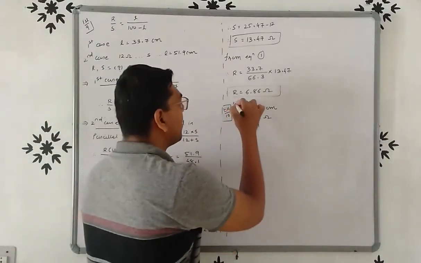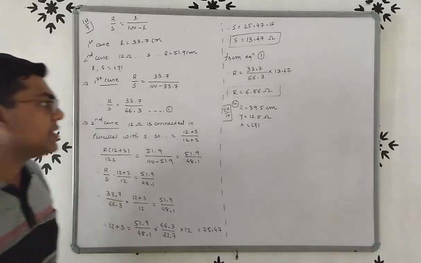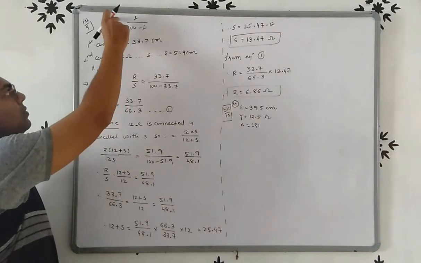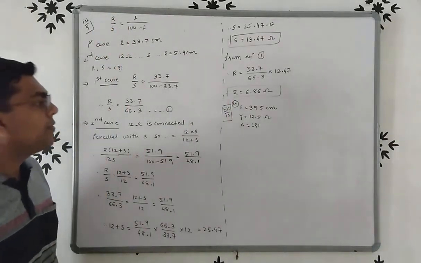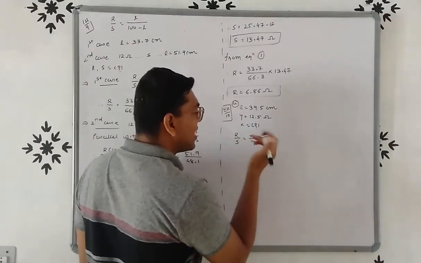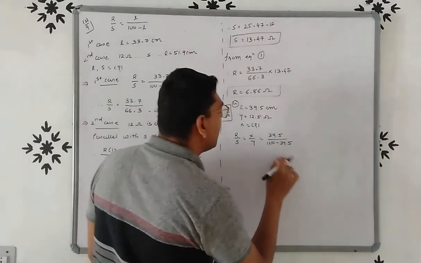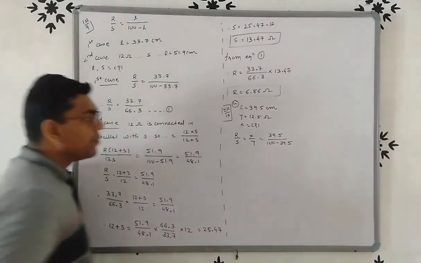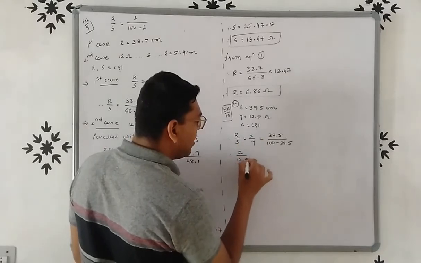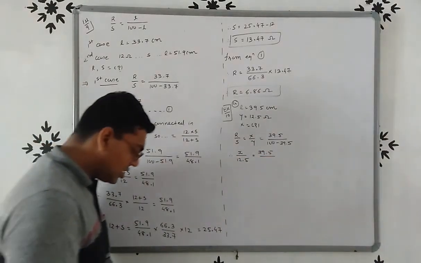This is E. Now we know the formula of meter bridge: R by S is equal to L upon 100 minus L. But here in this example, the resistors are X and Y. So here we write X instead of R and Y instead of S. So R by S is equal to X by Y, or you can say X by Y is equal to L, that is 39.5 upon 100 minus 39.5, because we know the formula L upon 100 minus L. So we have to find out X; X upon Y, we know the value of Y, that is 12.5, is equal to 39.5 upon 100 minus 39.5, so that is 60.5.